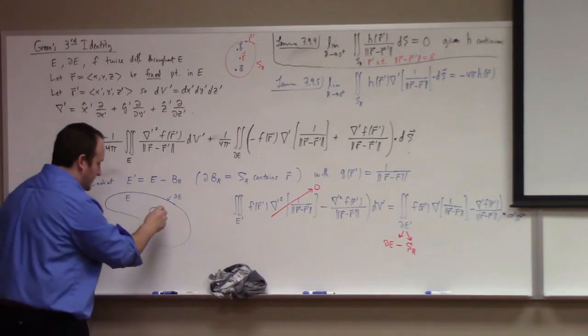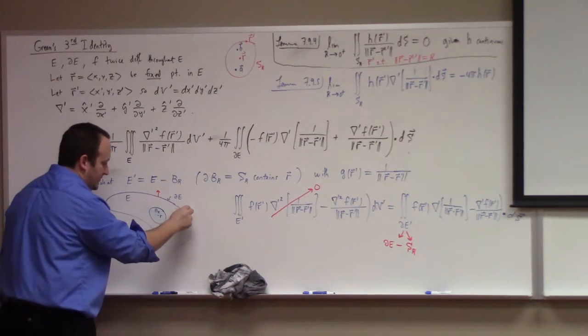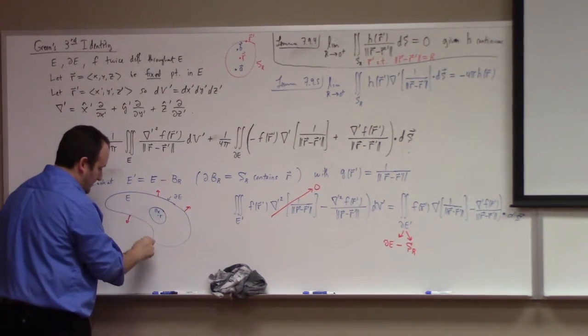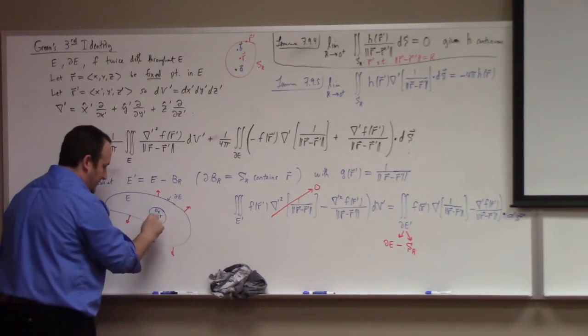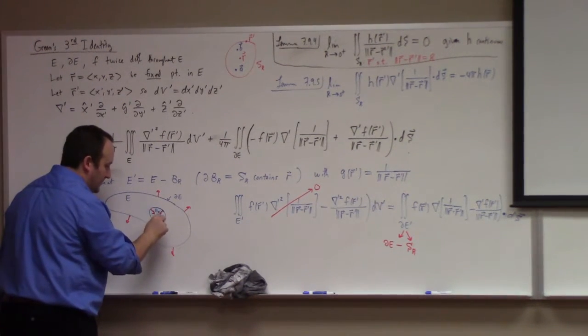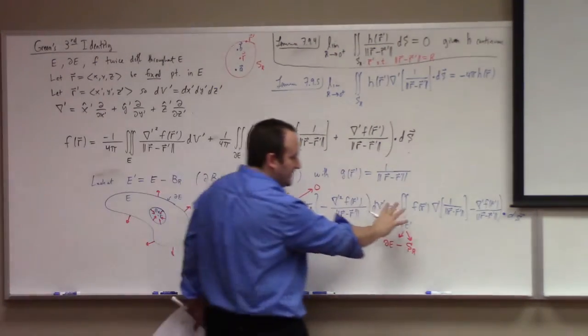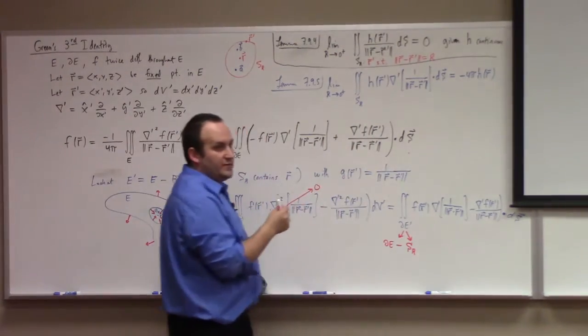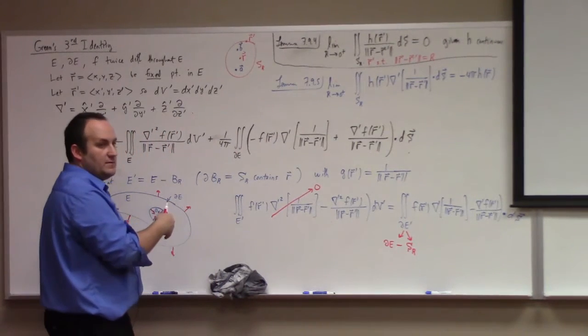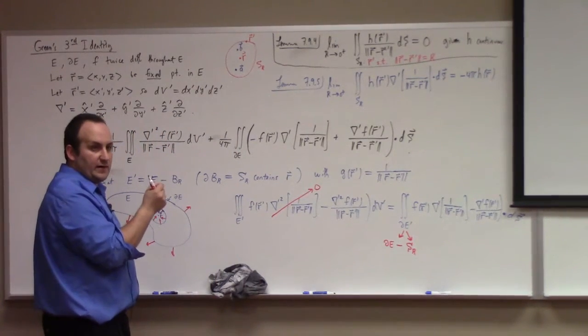It's in here, so the normals point out, but the normal has to point inward in order to use the divergence theorem with a hole. So this breaks up into two integrals: one over the boundary of E, the other over the little sphere of radius r.